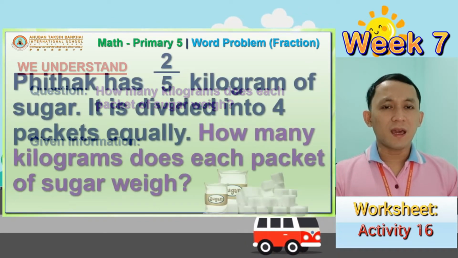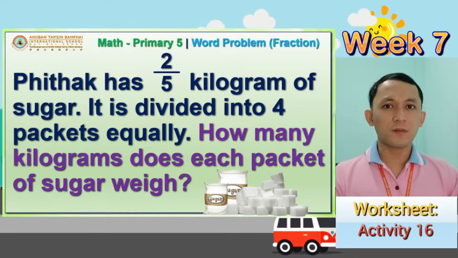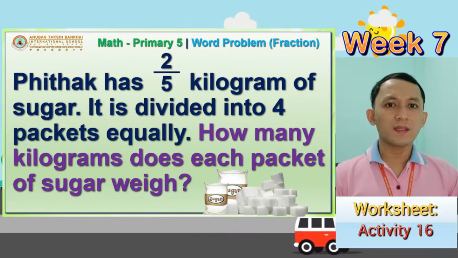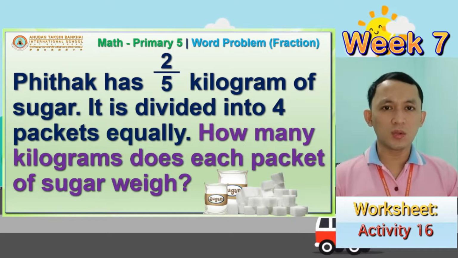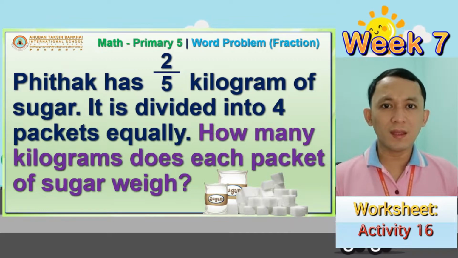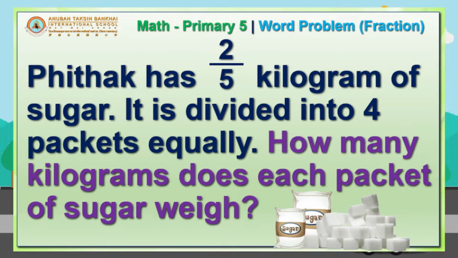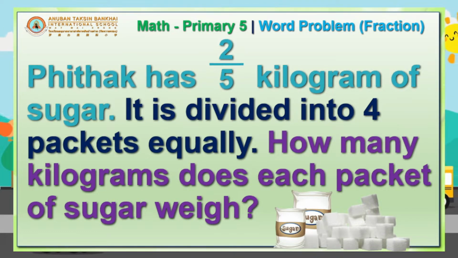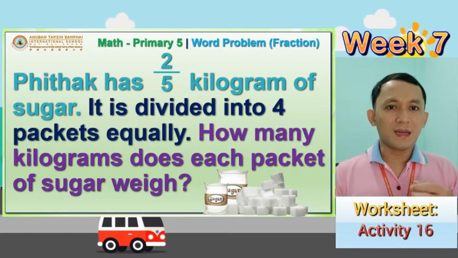Now let's identify the given information. What are the information that we know so far that we can use for us to answer the problem? If you check the word problem, we know that Pithak has 2 over 5 kilogram of sugar. That is the fraction of sugar that Pithak has.